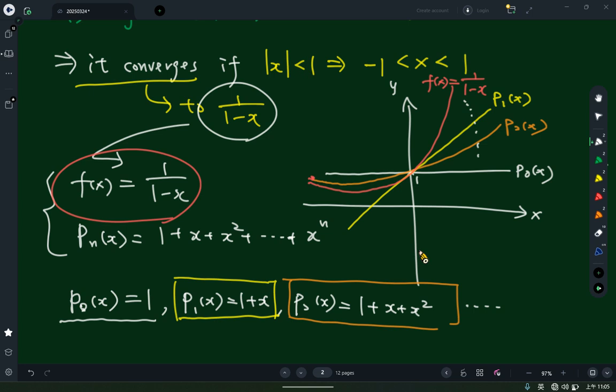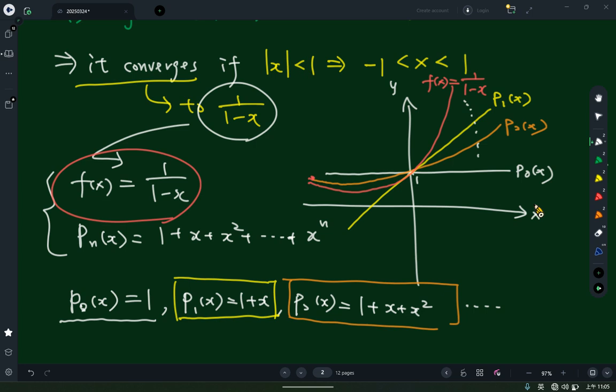If we consider more, then the polynomial function will get closer to this function. In the past, maybe we just stopped here and considered 2 terms, but right now we can consider more terms with x to a certain power. So this is an example of why we need to do that.